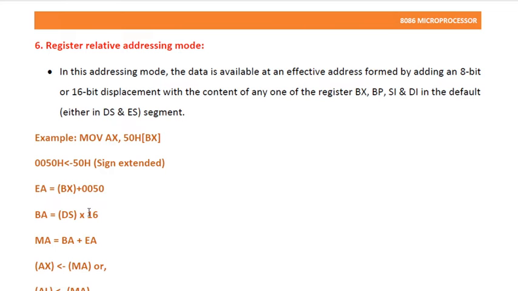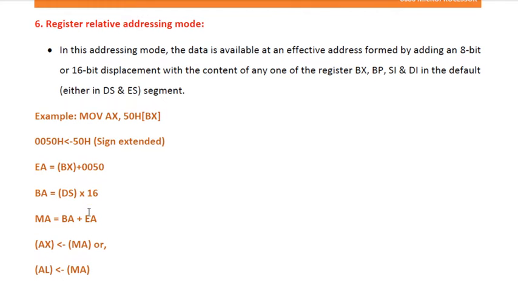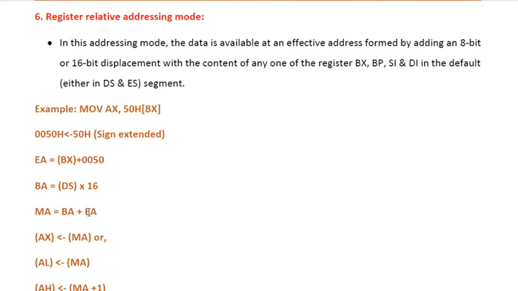Now I need to determine the effective address by adding the content of one of the registers BX, BP, SI, DI with the sign extended value. Here I'm using BX, so it will add the sign extended value to the content of BX. That is the effective address. Now I need to determine the memory address of the variable.